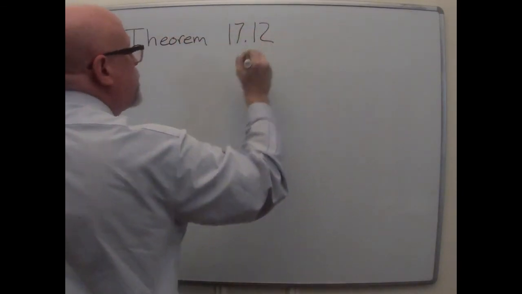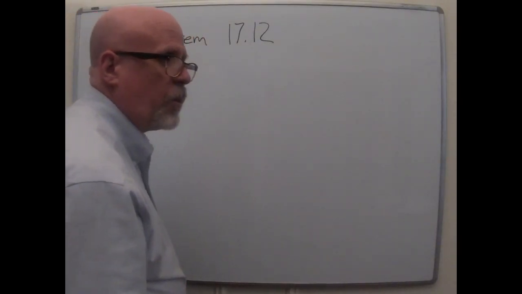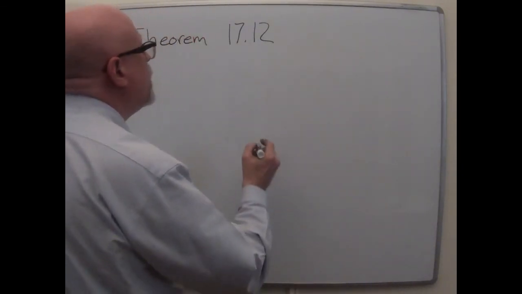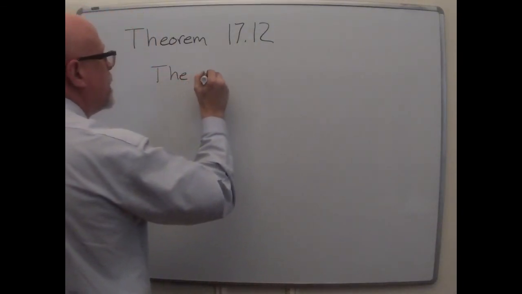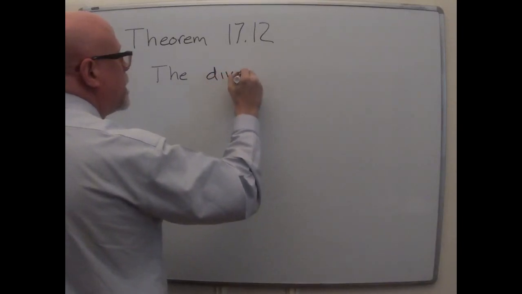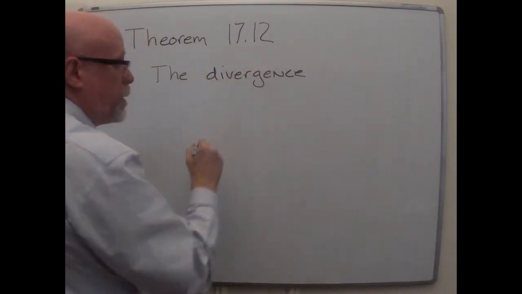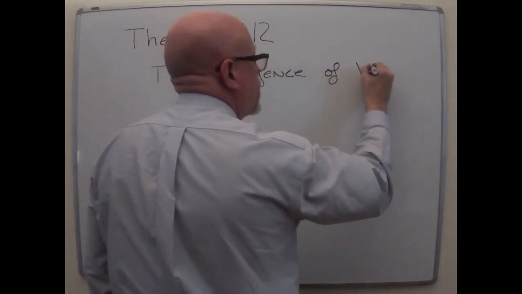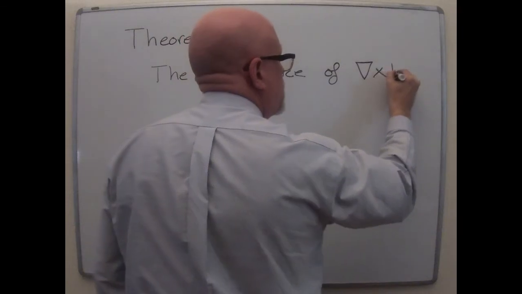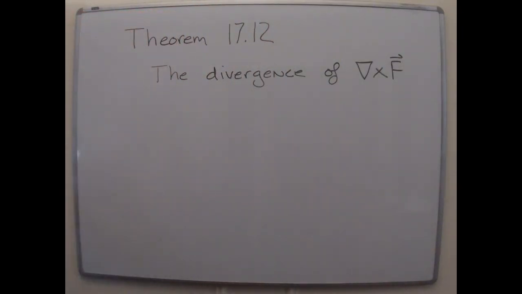This is on the same page as the previous one. So it doesn't matter what vector field you start with. If you take the curl of it, del cross the field, and then try to figure out what divergence it has, you will find that it has none.